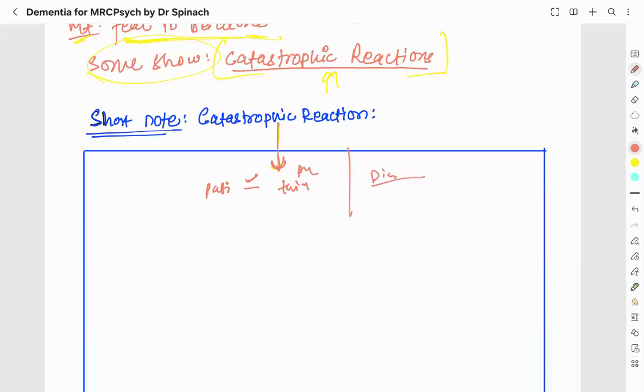They are unable to do it, and then there is a frustration that occurs, and then a sudden breakdown, which is shown as a catastrophic reaction.